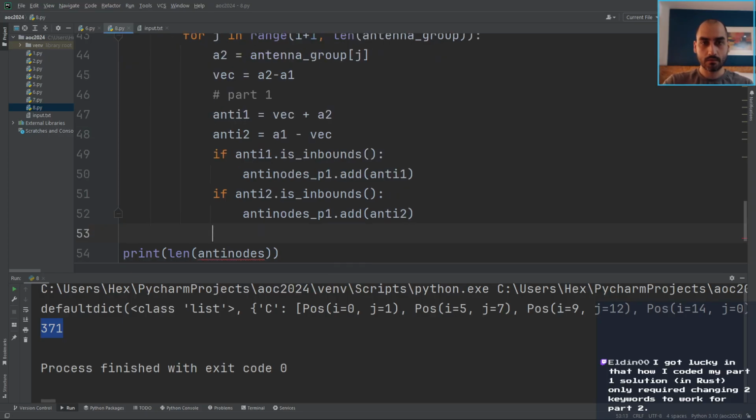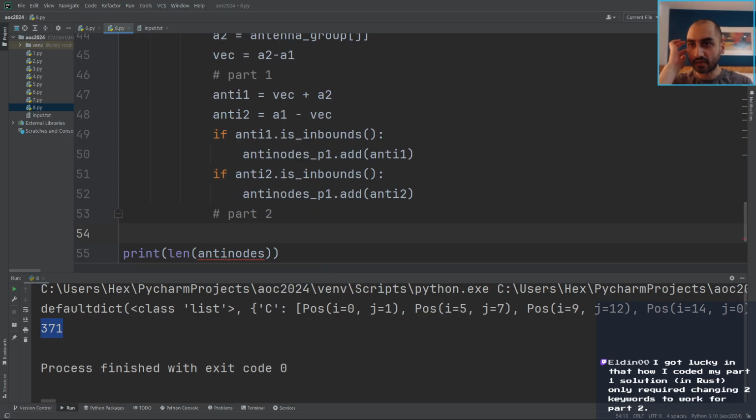And now look onto part 2. I got lucky in how I coded my part 1 solution in Rust, only required changing 2 keywords to work for part 2. Yeah, it seems like the change can be very small, really, depending on how you've coded this.